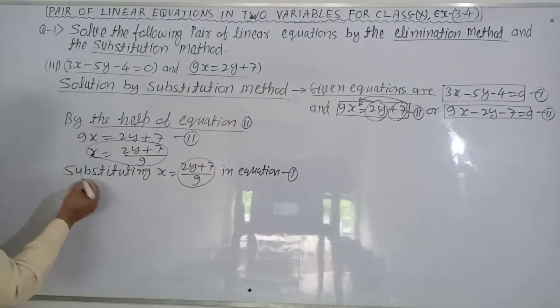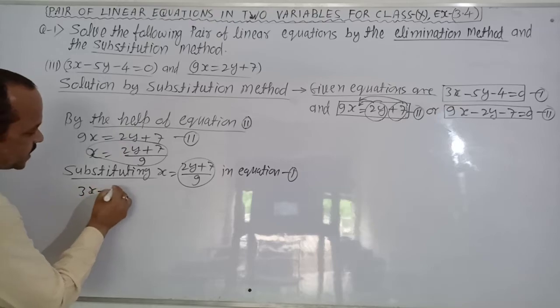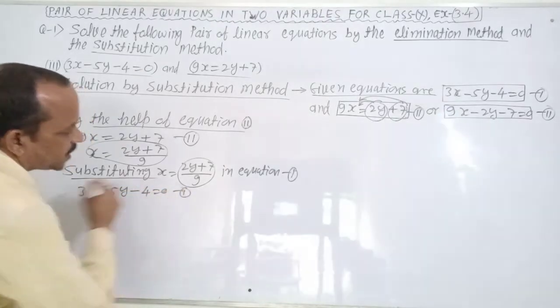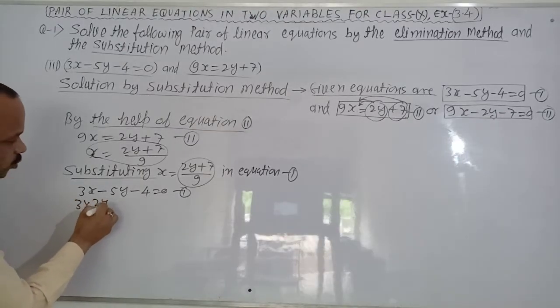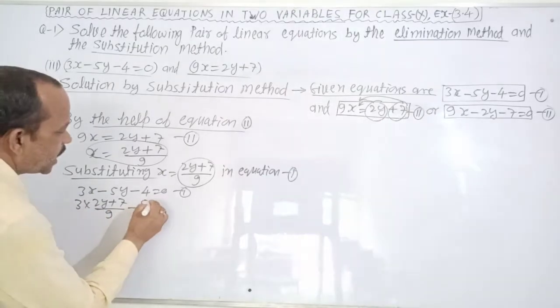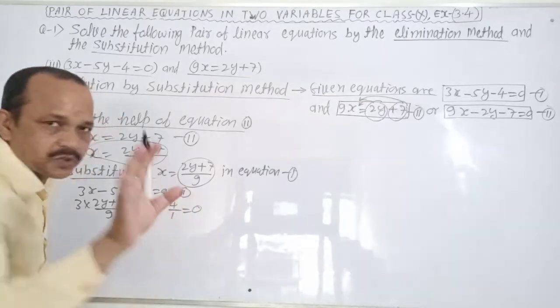So 3 multiplied by 2y plus 7 by 9, minus 5y by 1, minus 4 by 1 equal to 0.